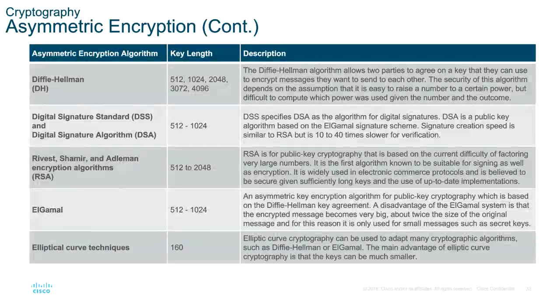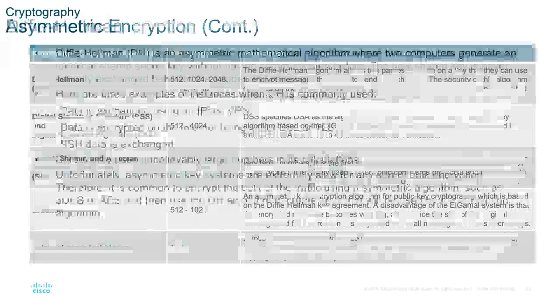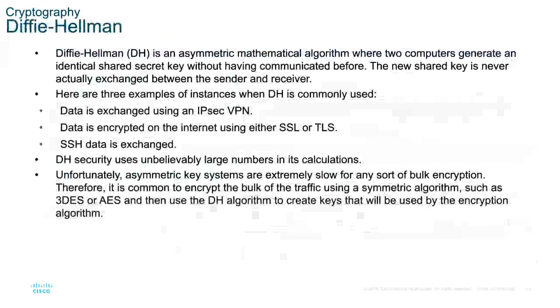These are great little protocols. Diffie-Hellman allows us to generate keys without having the two endpoints communicate before.